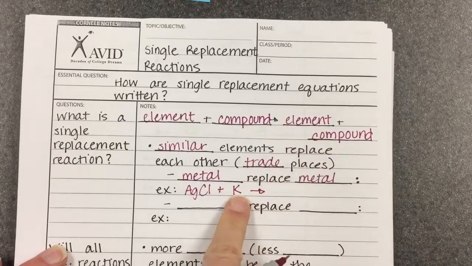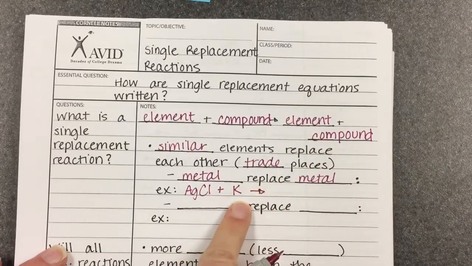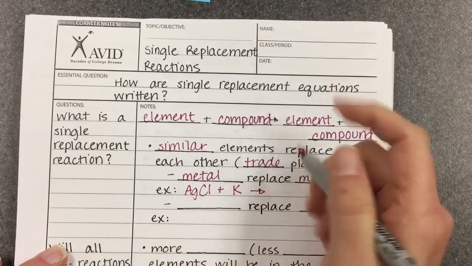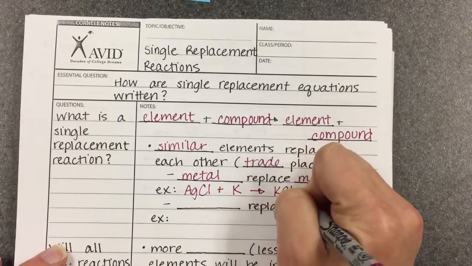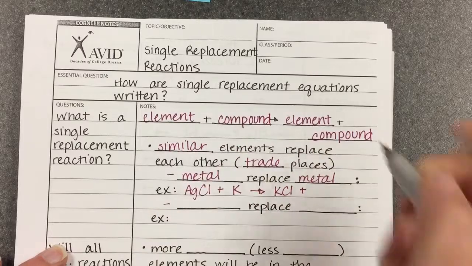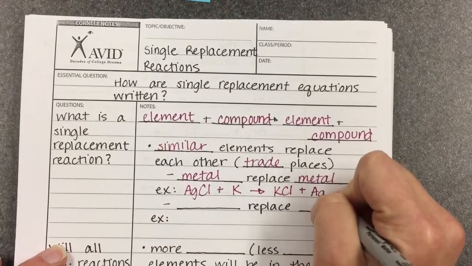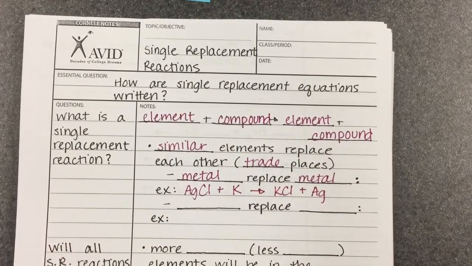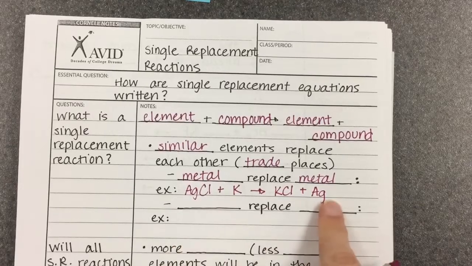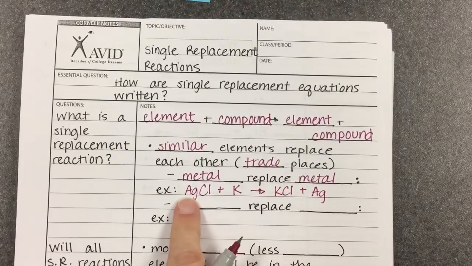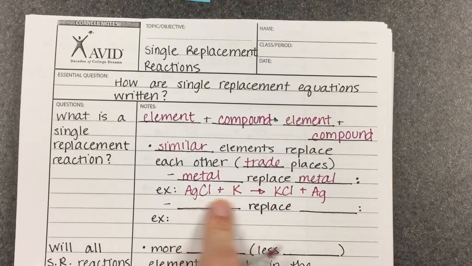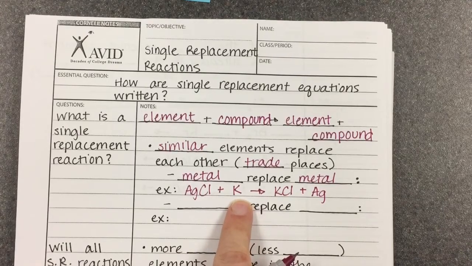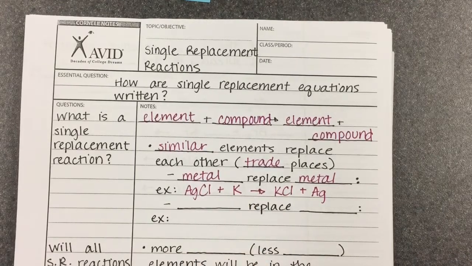The two metals would switch places, and so potassium would bond to chlorine, and silver would be left by itself. So the two metals simply swap places. Now everything in this example equation had a charge of 1. So silver's +1, chlorine is -1, and potassium, when it bonds, is +1. So you notice that there's no subscripts in that example. Sometimes there will be. We'll have some of those at the end. Okay?